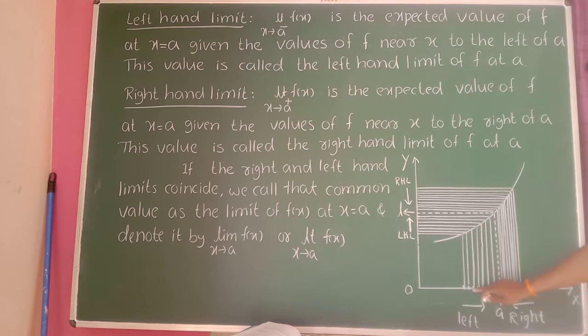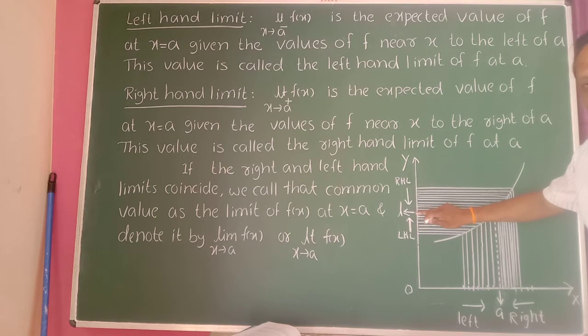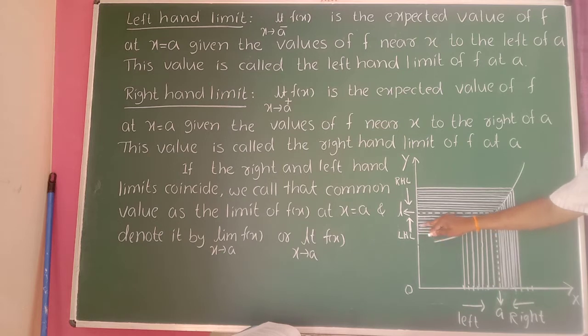When you take values nearer to A from the left, this value moves towards L from the upper side. Therefore, this is called a left hand limit.